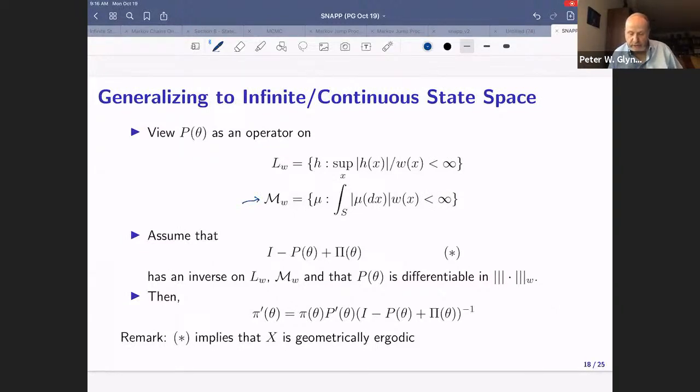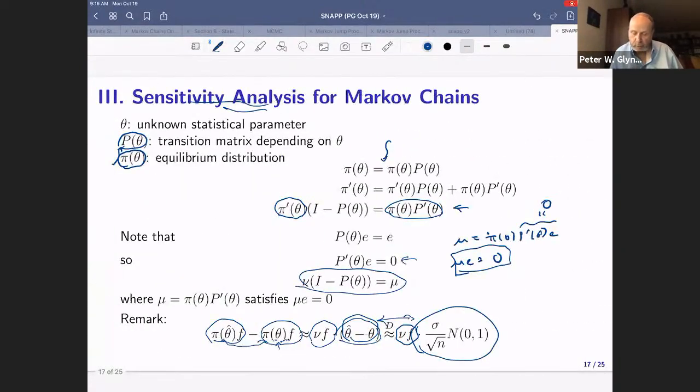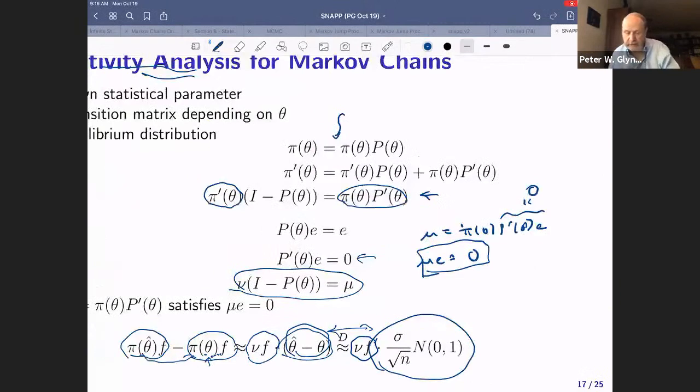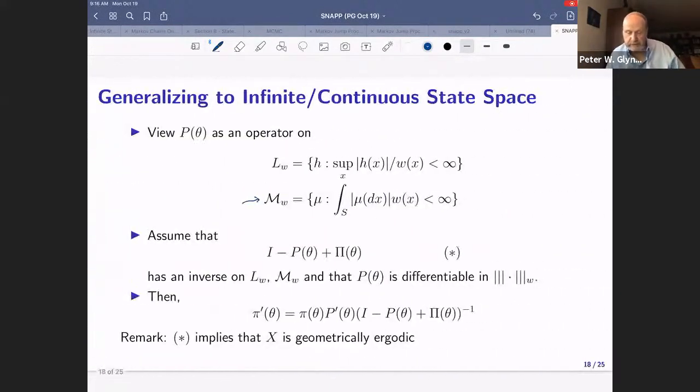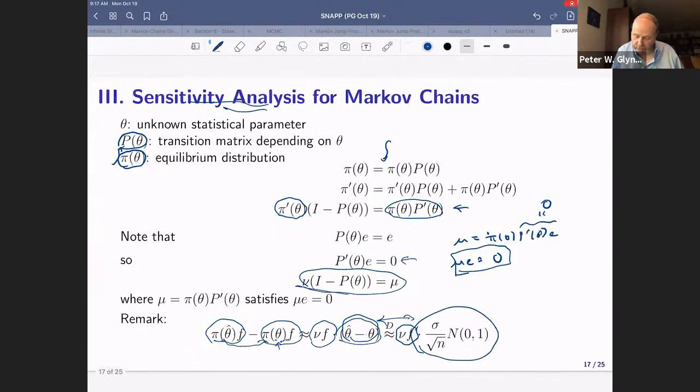And now the easiest way to generalize formally what I did on this slide, this was just a formal calculation, but if you want to make everything rigorous, you can easily do that in the setting of even infinite or continuous state space Markov chains, assuming that you're willing to make the right assumptions about the problem data. And the natural assumption to make is to somehow try to show that this equation will always have a solution.